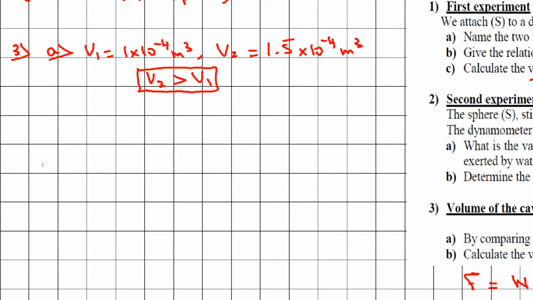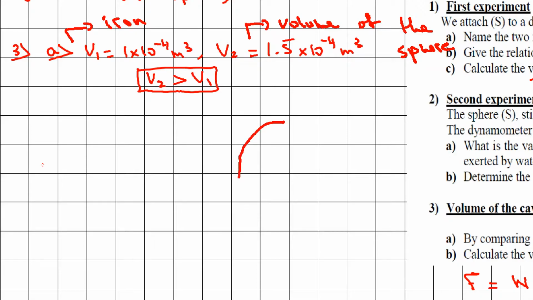Let's recall, what does V2 represent? It represents the volume of the sphere, whereas V1 represents the volume of iron. So this is the sphere S. V2 is equal to 1.5 times 10 to the power minus 4. So this is the volume V2, the outer volume.